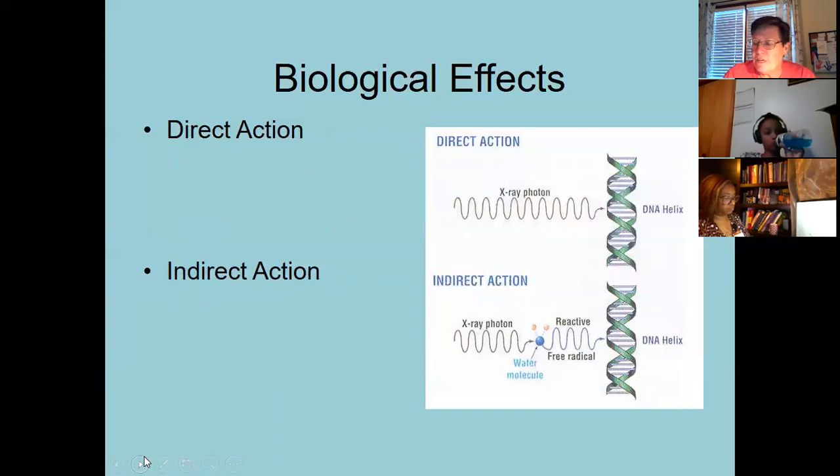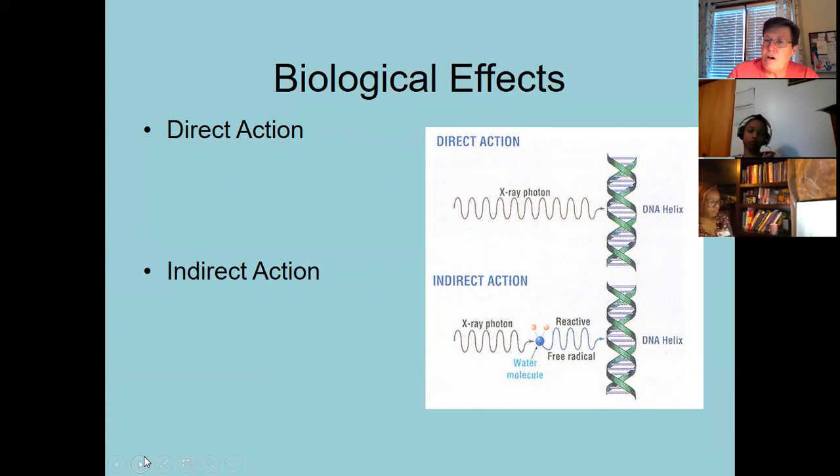So in this unit, we're going to describe these interactions a little bit differently. We've already talked specifically about what happens in the photoelectric effect or what happens in the Compton scattering.